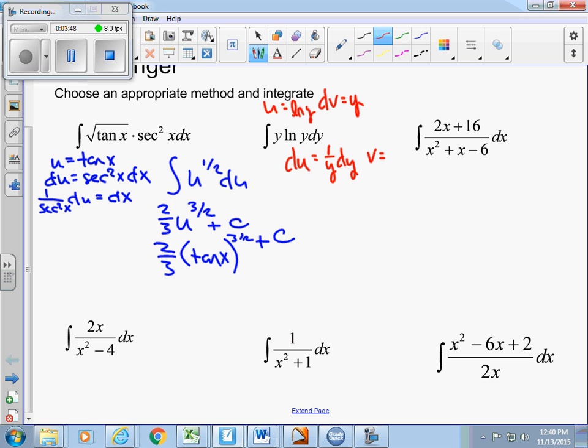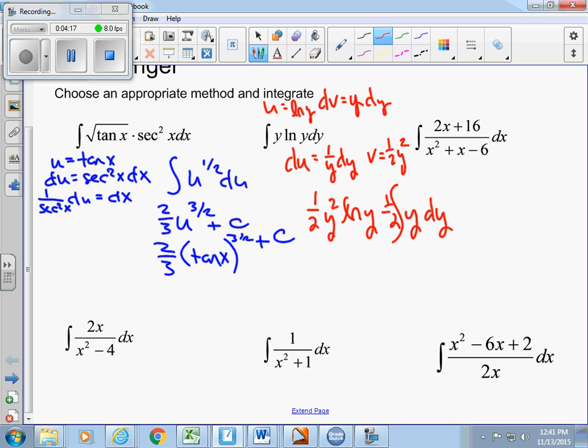And v would be 1/2 y squared. And so that integral is v times u, which is 1/2 y squared, natural log of y, minus the integral of v du, which is 1/2 y. I'm going to put the 1/2 in front.